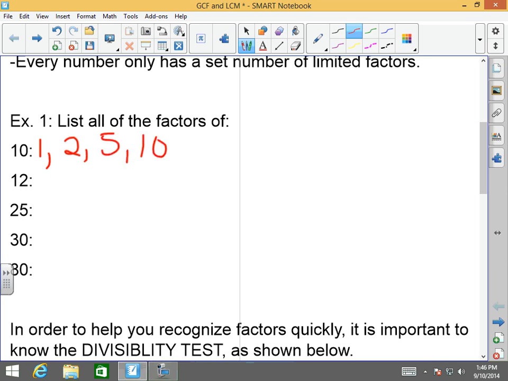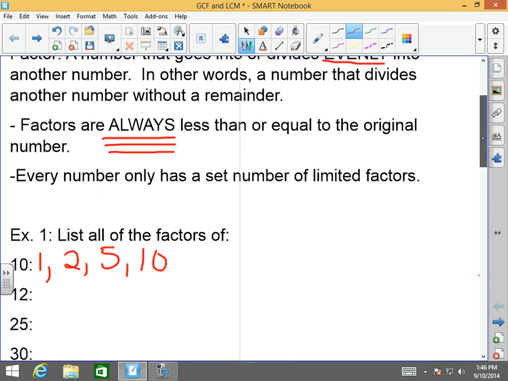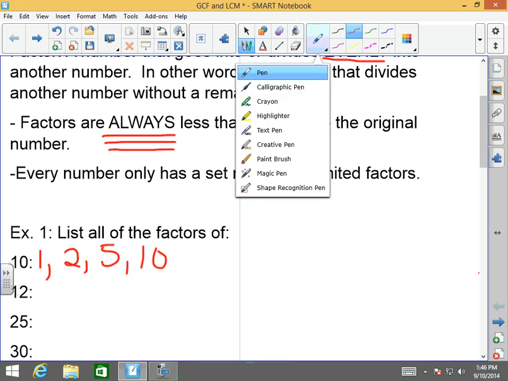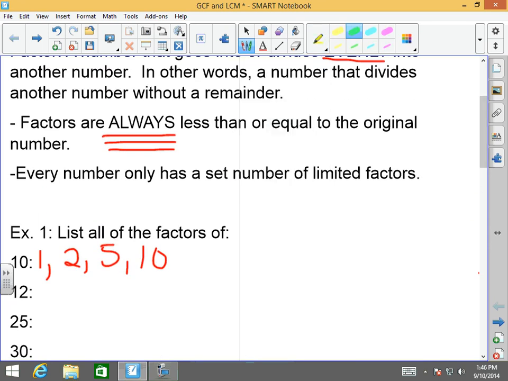Notice that what I had said before is true. If I look at this, factors are always less than or equal to the original number. Is 1 less than or equal to 10? Yeah. Is 2 less than or equal to 10? Is 5 less than or equal to 10?